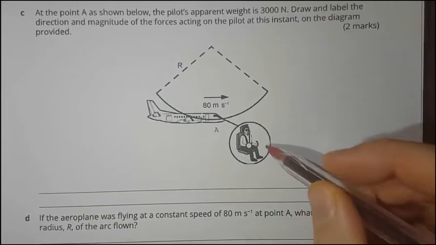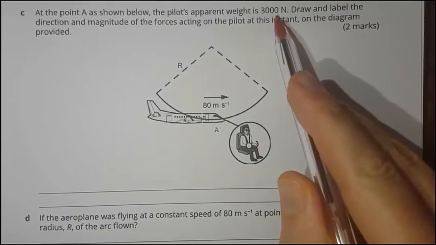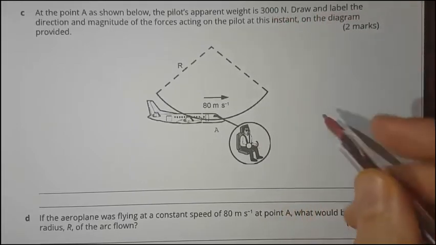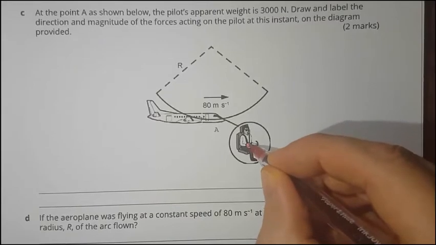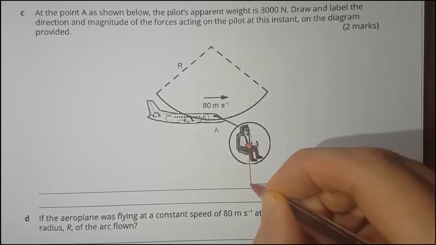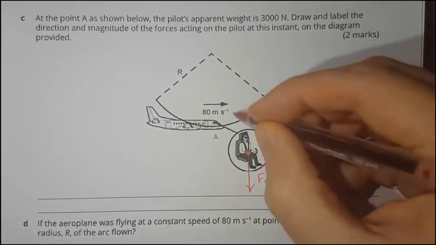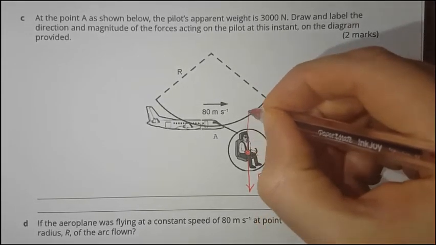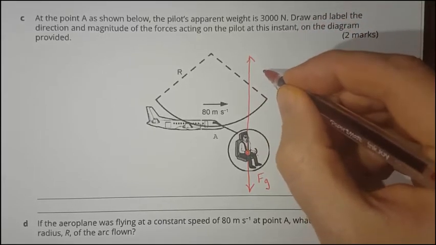Alright, part C. It's asking us, if we have a pilot inside that cockpit, his apparent weight is 3,000 newtons. That's not really relevant at this point, but he is doing an upward arc. So the forces acting on this guy: he has a downward force, that's the force due to gravity, and he has an upward force, your normal force, and that's what's creating that apparent weight.